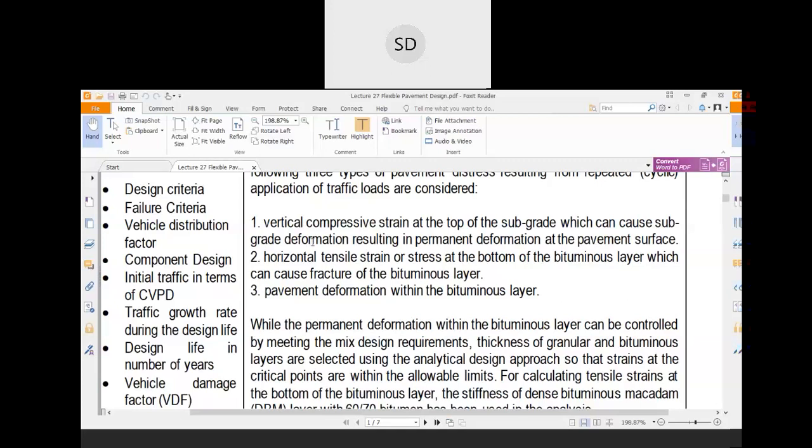Then horizontal tensile strain or stress at the bottom of the bituminous layer, which can cause fracture of the pavement layer and pavement deformation within the bituminous layer.